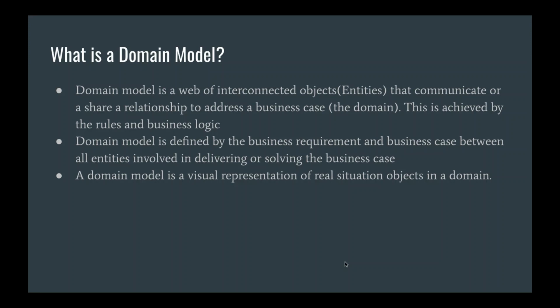If you go deeper into this, you will see a domain model diagram. It shows you how the entities interact together to form the domain, and that will solve your business case. So a domain model is a visual representation of a real situation of objects in a domain.